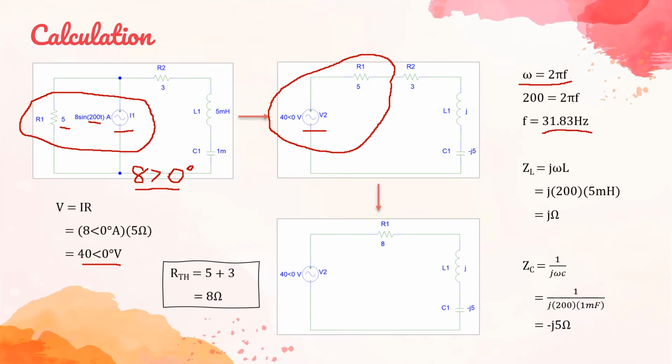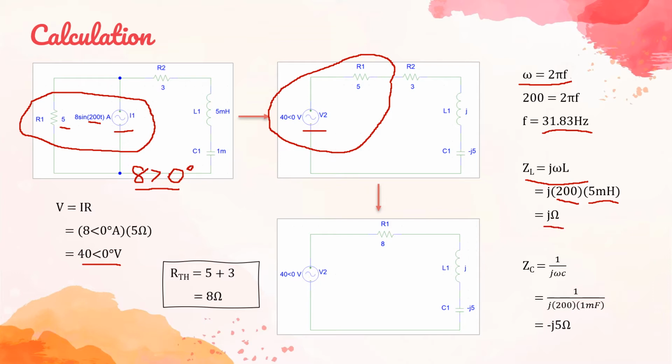Next, we find ZL. The formula is ZL is equal to j omega L. So omega we know is 200 and the L is 5 millihenry. So we multiply and we get j ohms.